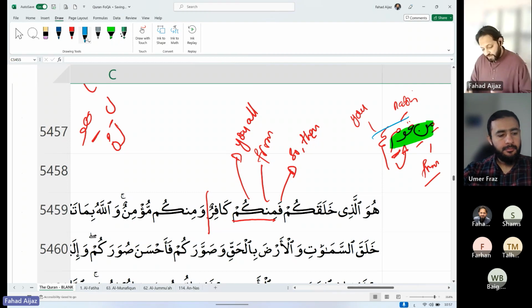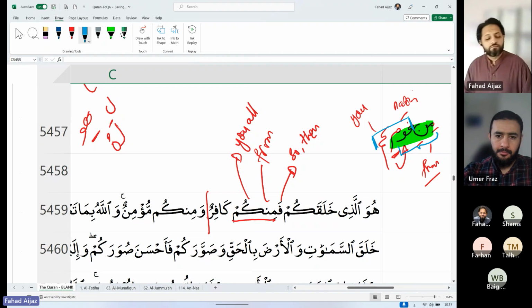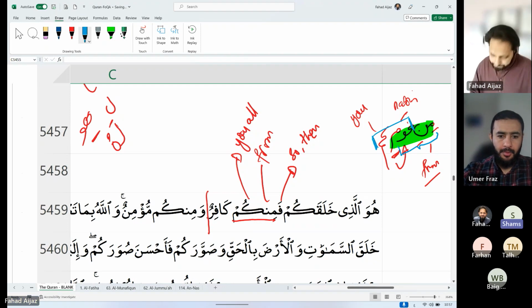I'm assuming that you guys are now a little more advanced, so I skip those petty details, whether this is idafa or not. I just try to come up with examples. But you're absolutely right, and at any point, if you do not understand, spot this, just like you did now. So min qawmi is jar majroor and qawmikum is idafa with a pronoun.